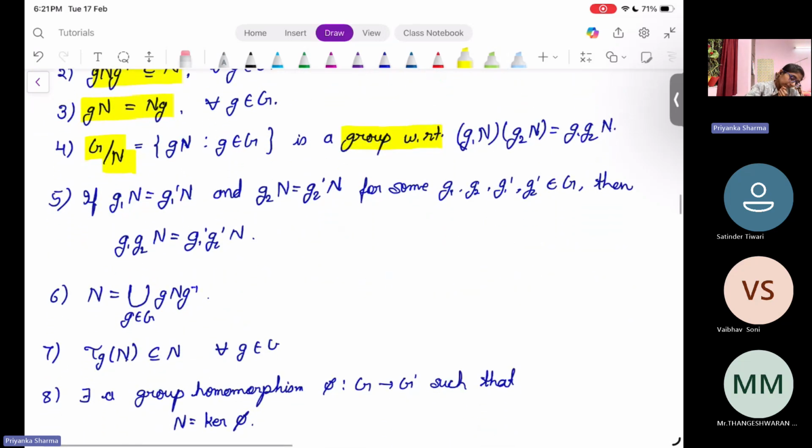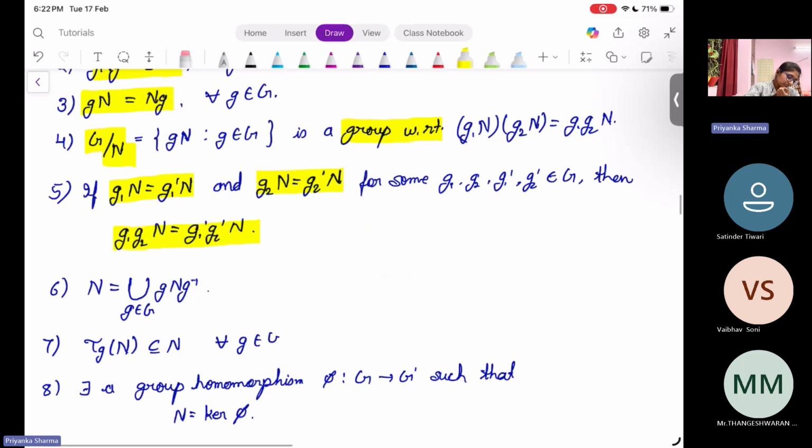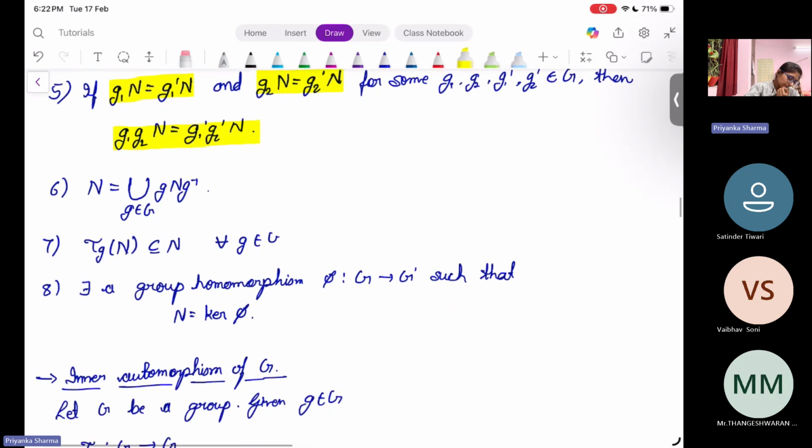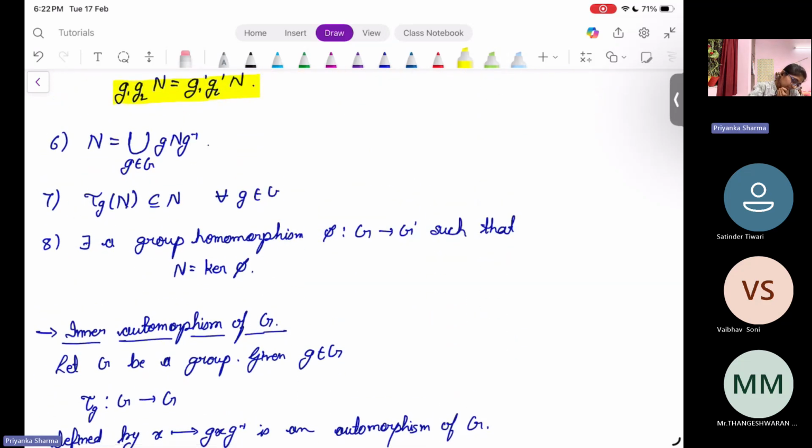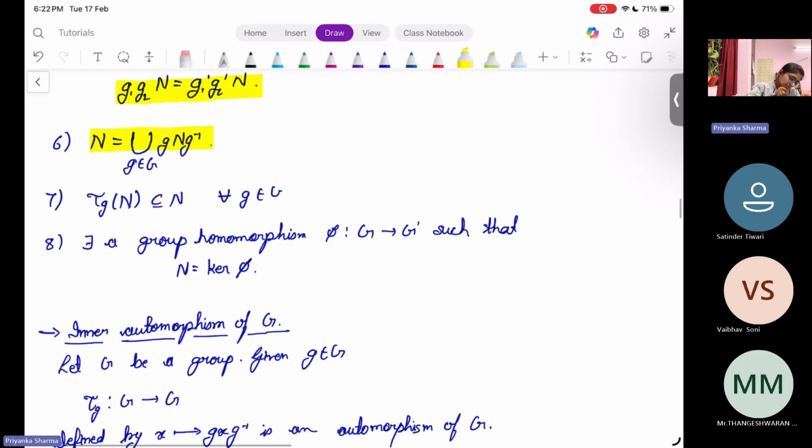And we can generalize this: if g1N is g1 dash N and g2N is g2 dash N, then g1g2N is g1 dash g2 dash N. And N will be the union of gNg inverse.